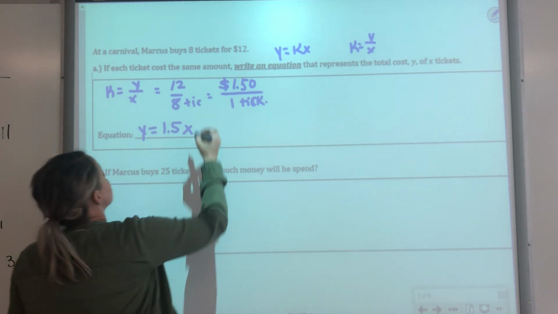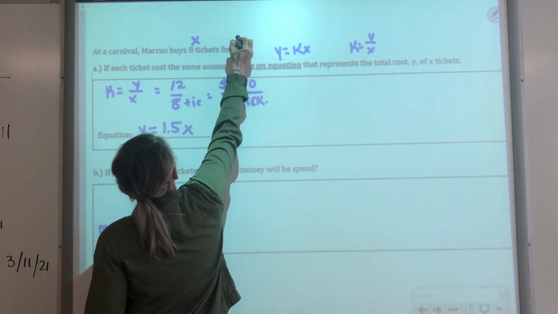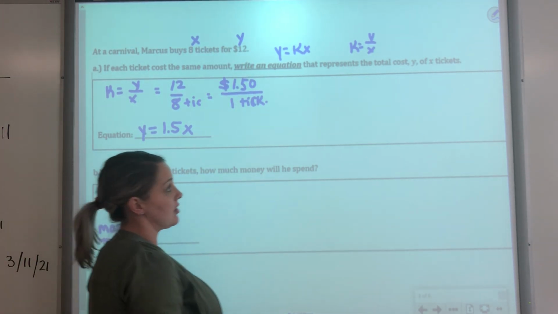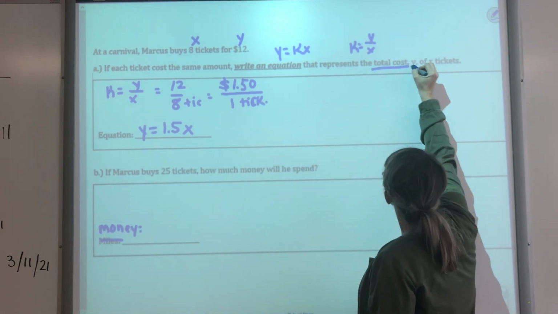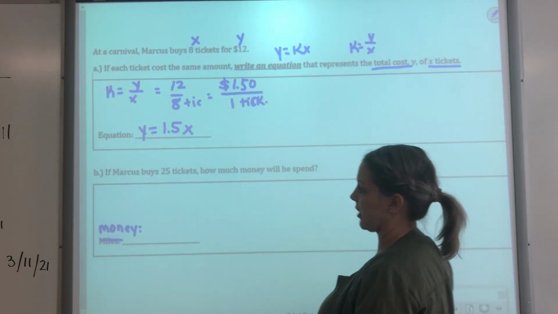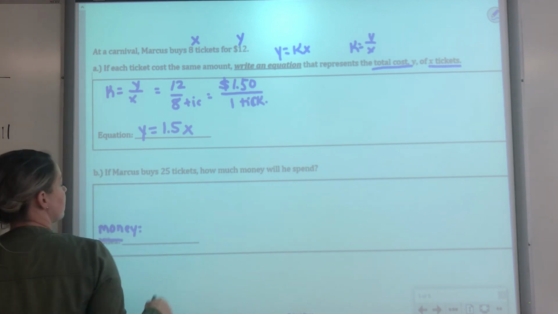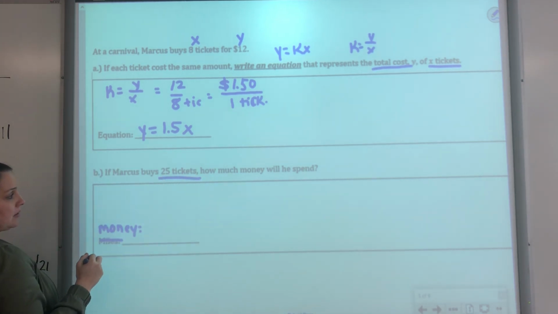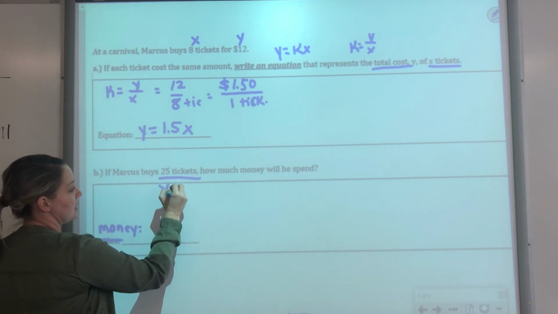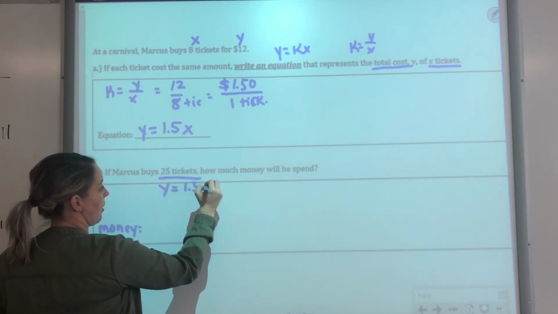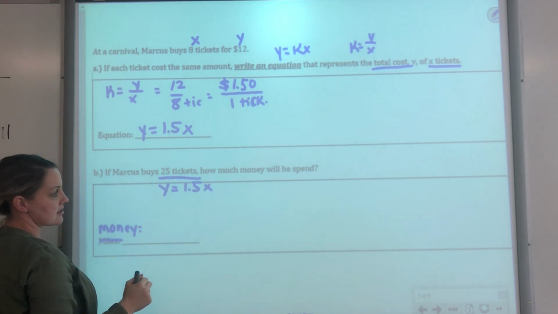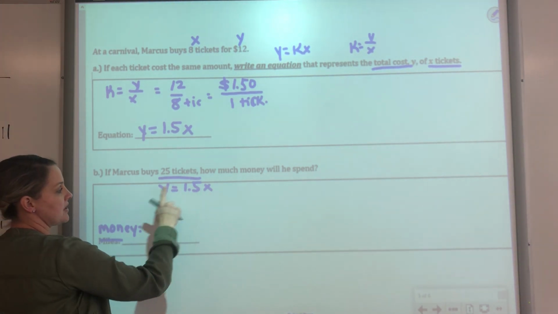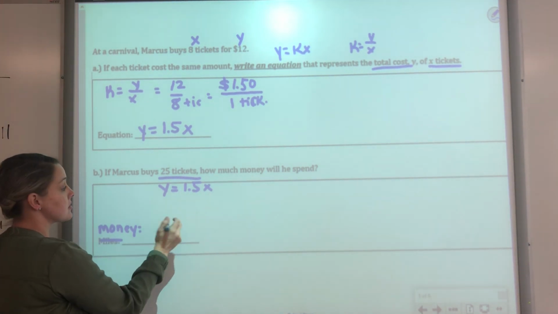Okay. Again, x is the tickets, y is the total cost. So if Marcus buys 25 tickets, how much money will he spend? So we know the equation that models the situation is y equals 1 5/10 x, where x is the number of tickets, y is the total cost.